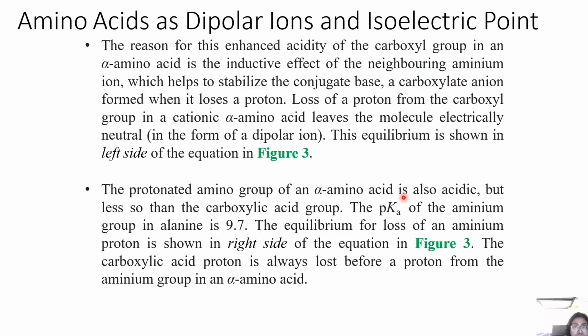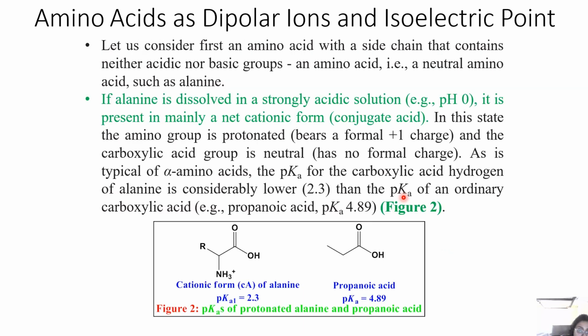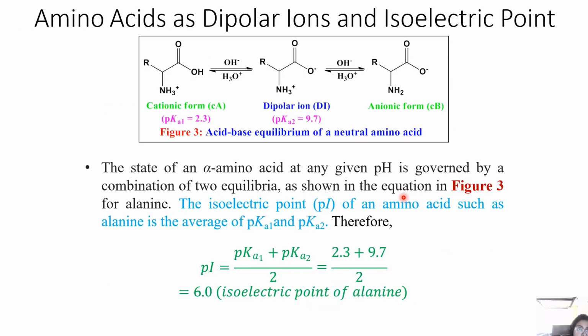Loss of a proton from the carboxyl group in a cationic alpha amino acid leaves the molecule electrically neutral in the form of a dipolar ion. This equilibrium is shown on the left side of the equation in figure 3 here.